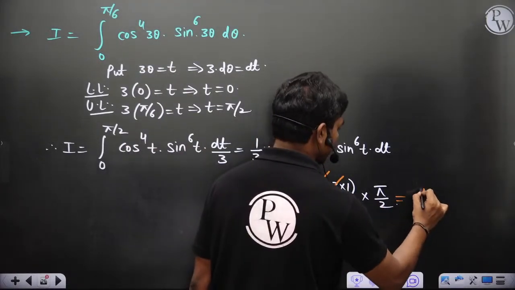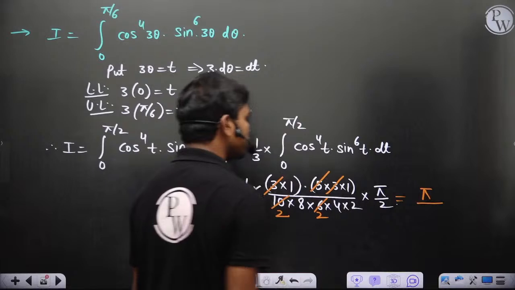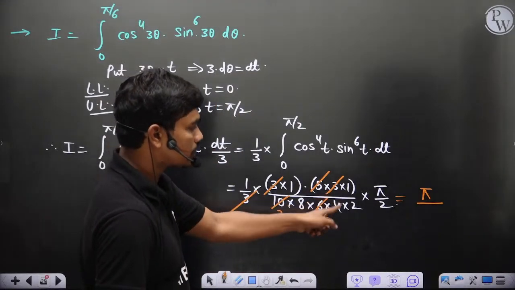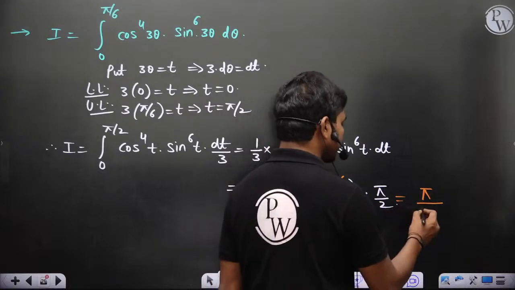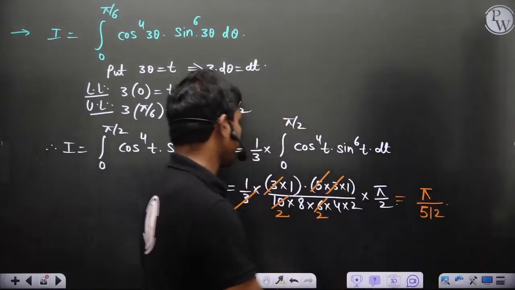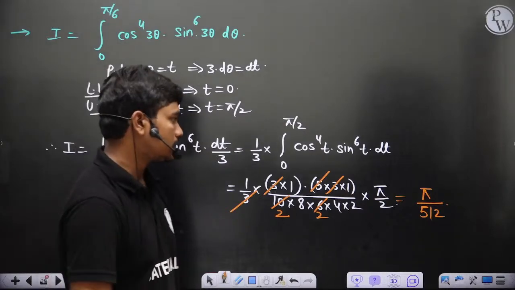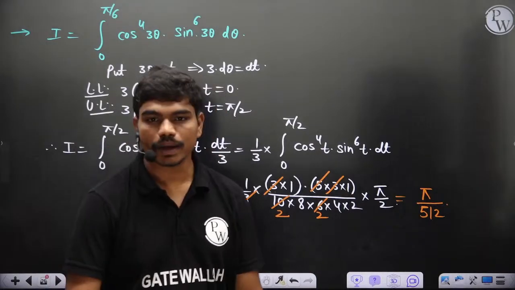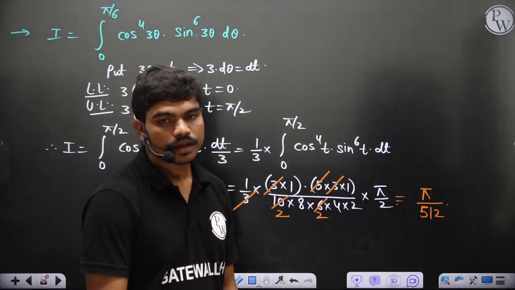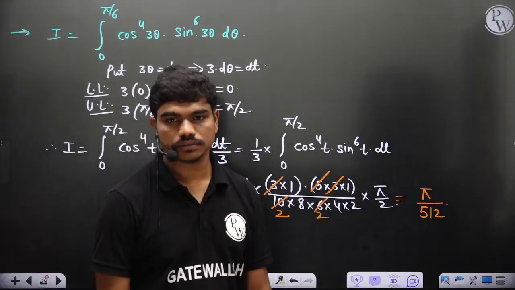So pi divided by, 2 8s are 16, 16 2s are 32, 32 4s are 128, 128 into 4 is 512. Nothing is left. Pi by 512, that's the answer. Pi by 512 is the actual answer.